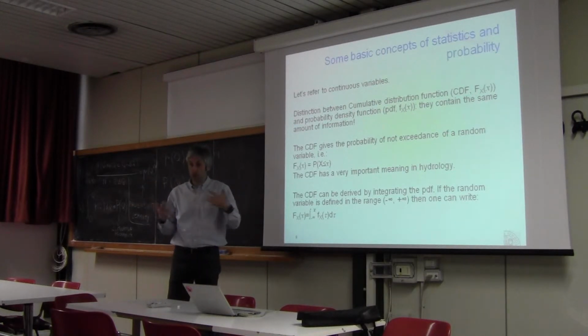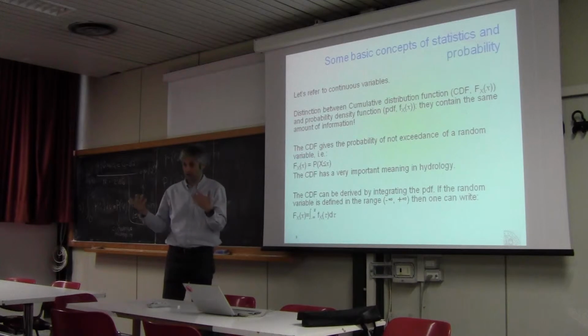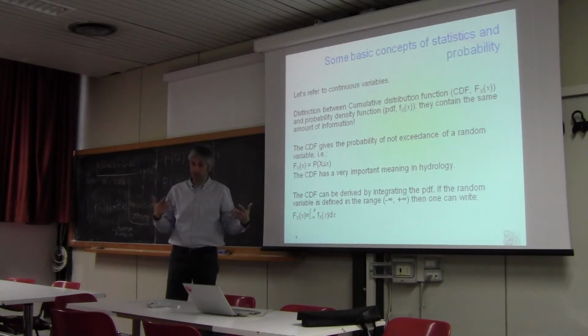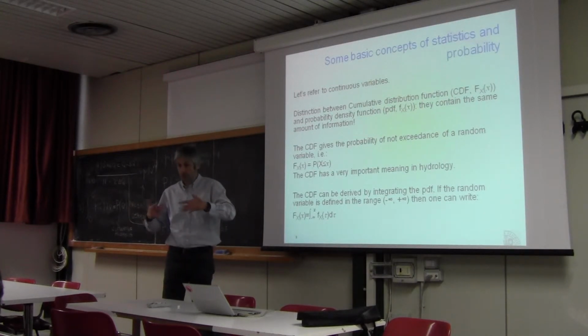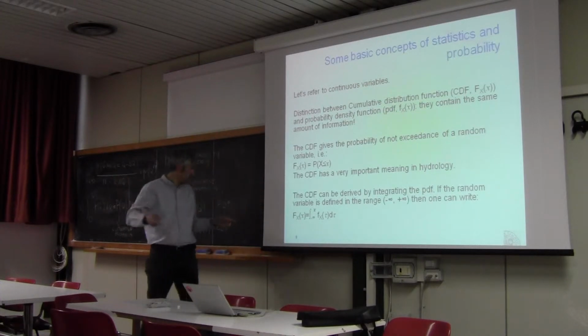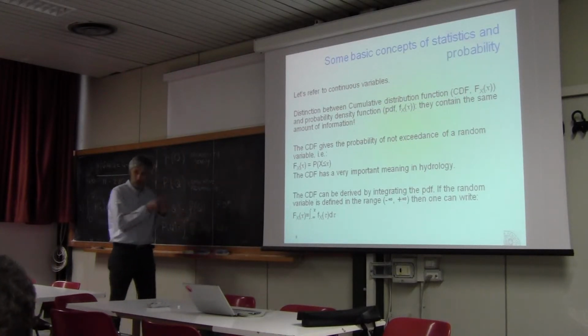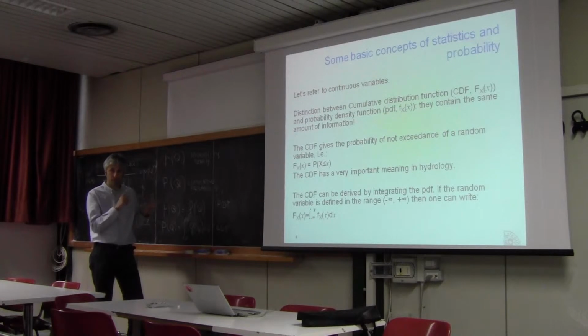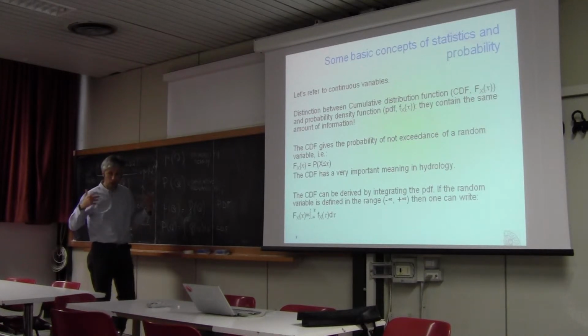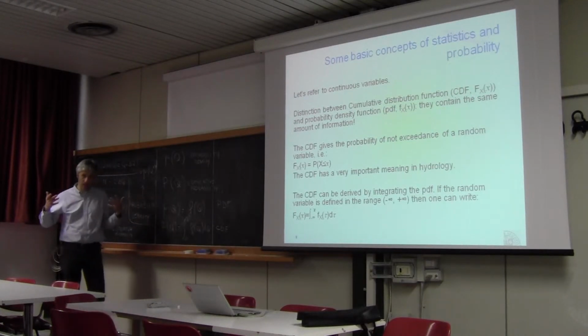Like rainfall runoff models have parameters to be calibrated in order to be applicable to different catchments, even the probability distribution functions have parameters that must be calibrated to be applicable to different catchments.